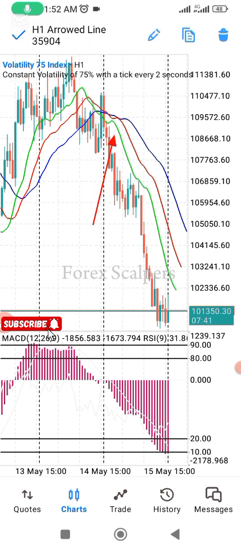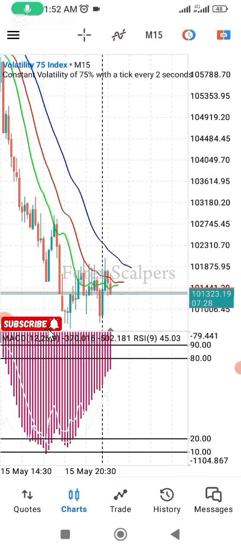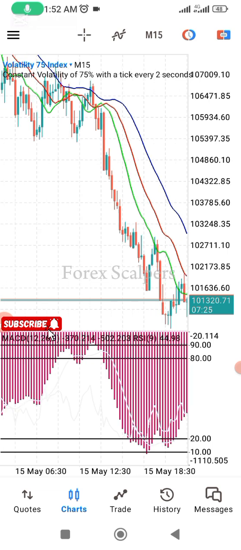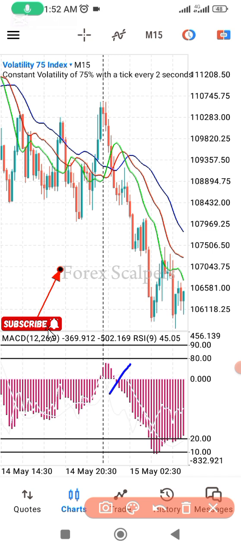You can see the blue line here, and you can see the space in between our alligator line. So we'll come to our 15-minute time frame, and you can see our entry. This is the entry here, and you see how price has been going down. That's the entry, and here is the entry, right?